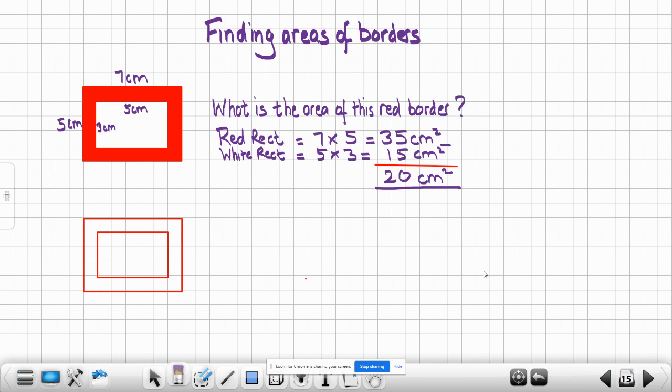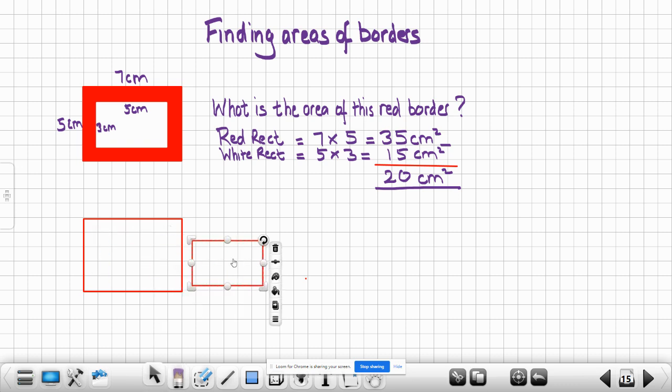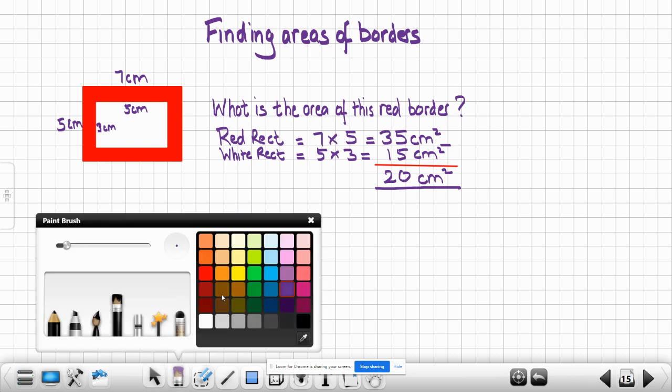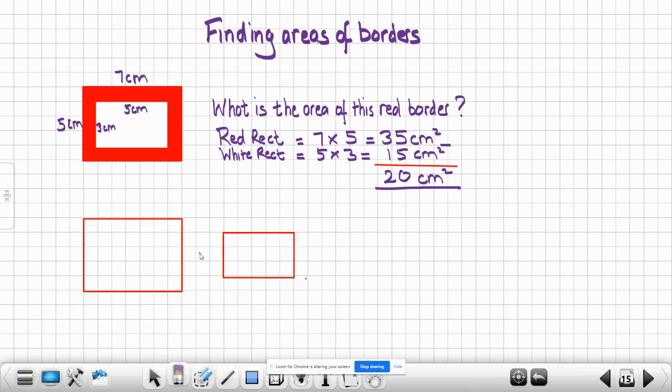So you're just thinking of it as a rectangle inside another rectangle. And imagine you've cut this rectangle out, so that area is gone. So it is just the big rectangle. And then we need to subtract, take away.